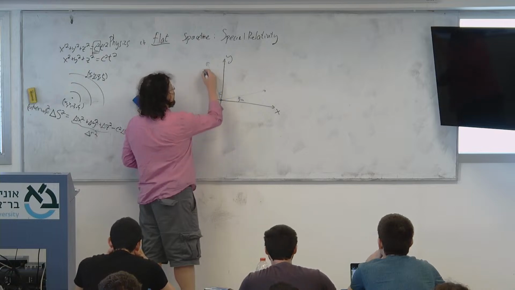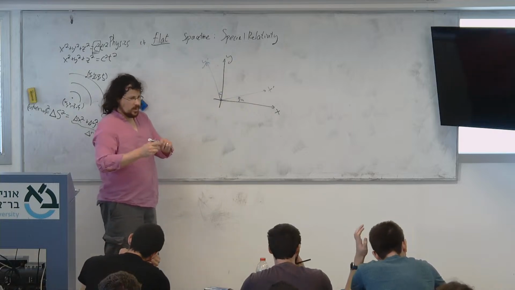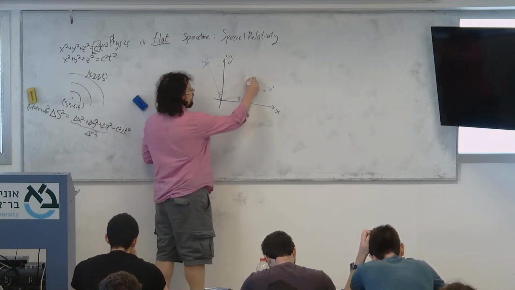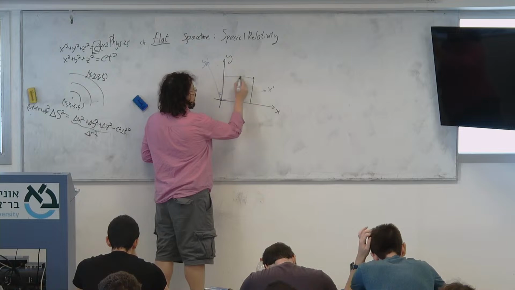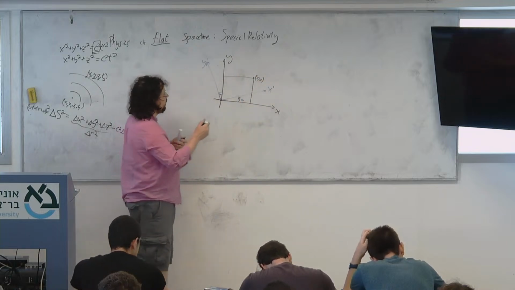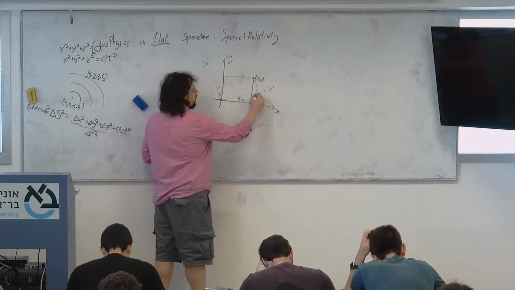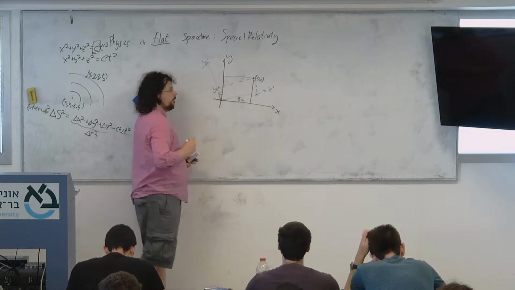So this is alpha, this is now y prime, and x prime. Then any point here, x, y, I can also describe as x prime, y prime.